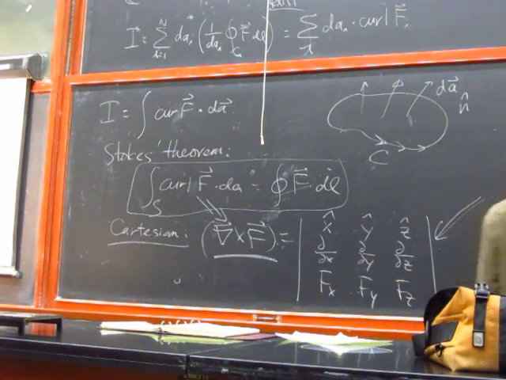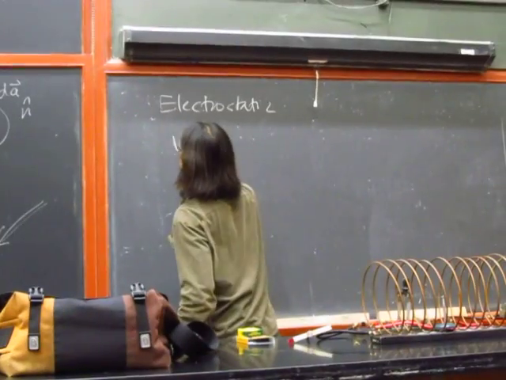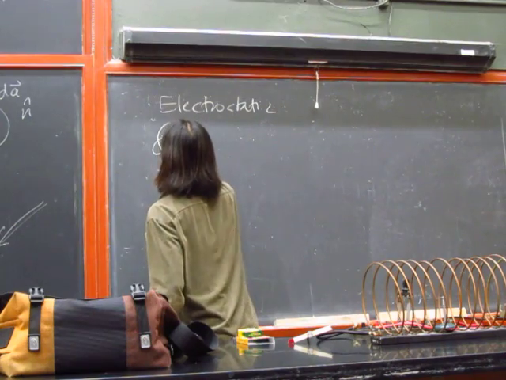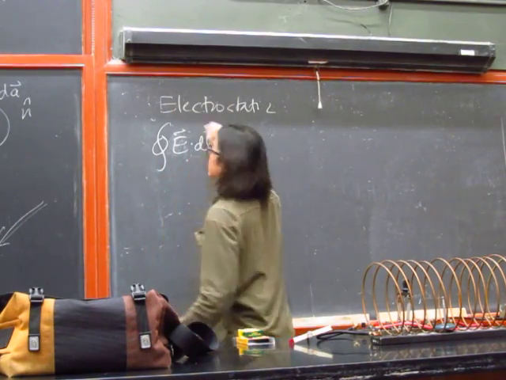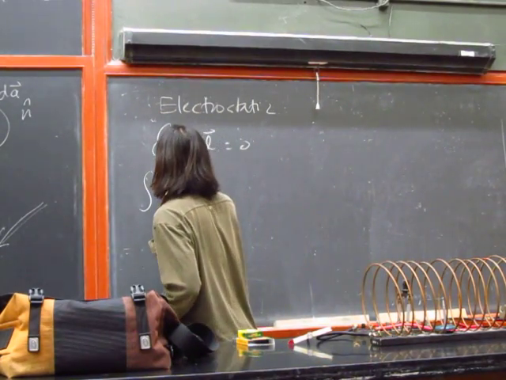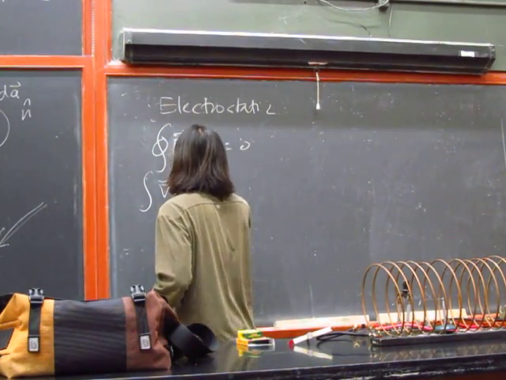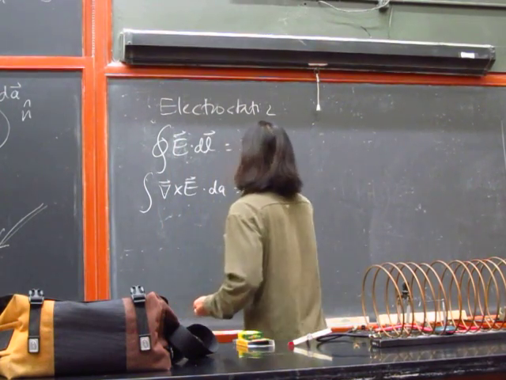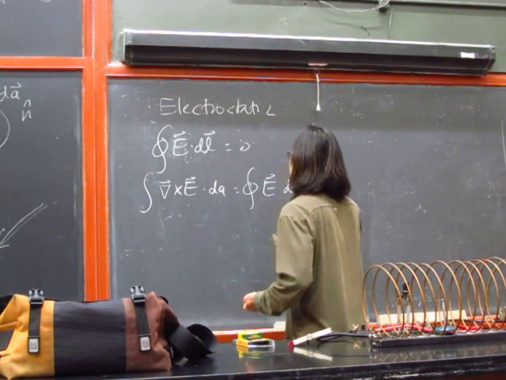Now once you have this machinery, you don't have to express things in the integral form. In particular, say electrostatics: you have the line integral of E dot dl equal to 0. Then this tells you that the surface integral of the curl of E over dA is equal to the line integral of E dot dl, which is equal to 0.